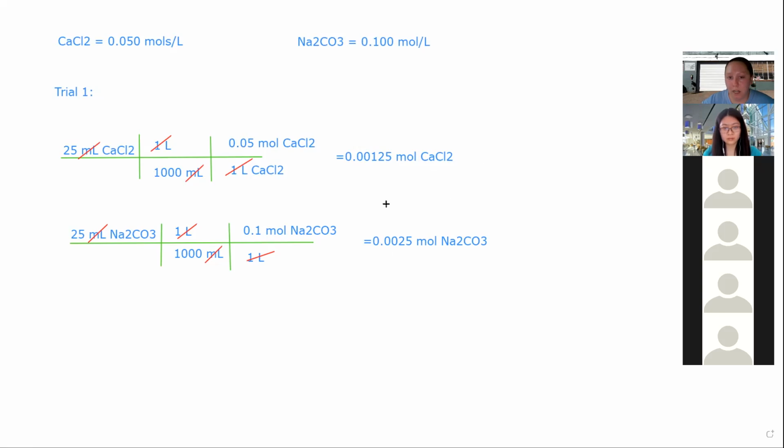The smaller number here is calcium chloride. So for trial number 1, we are using this amount of calcium chloride, and we're going to have excess Na2CO3. So in the first one, calcium chloride is our limiting reagent, and sodium carbonate is our excess reagent.